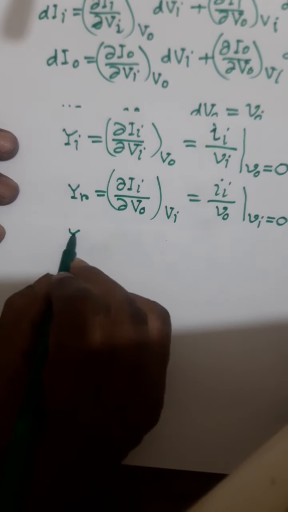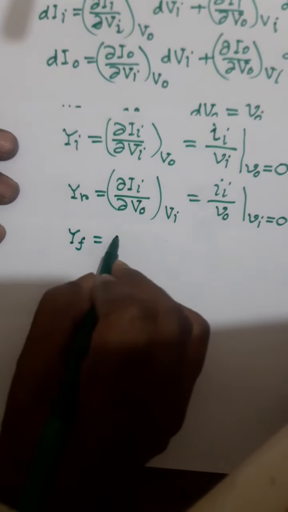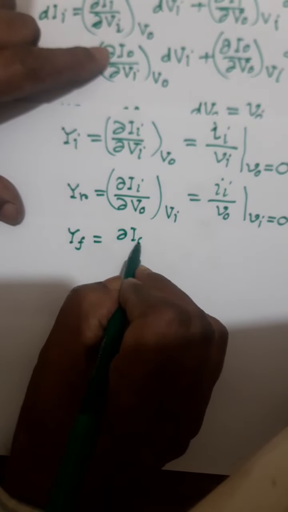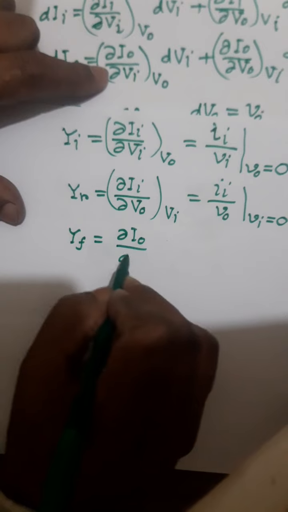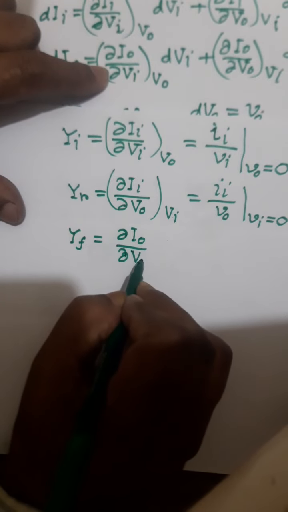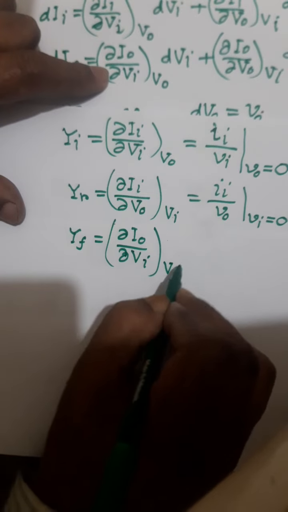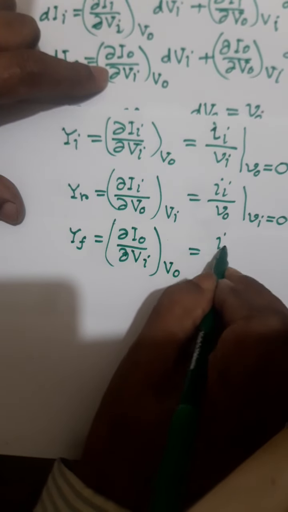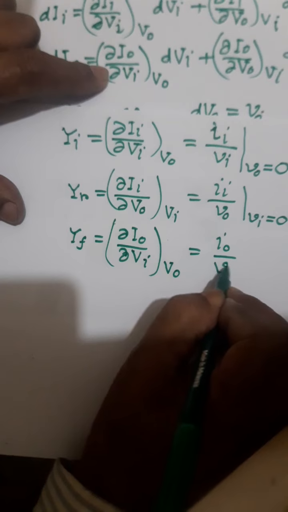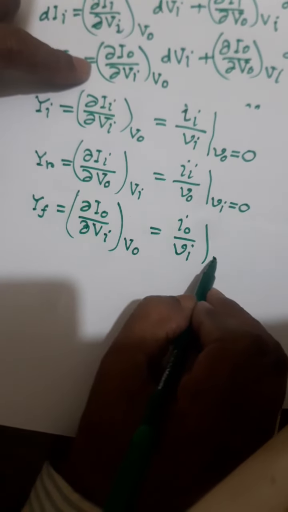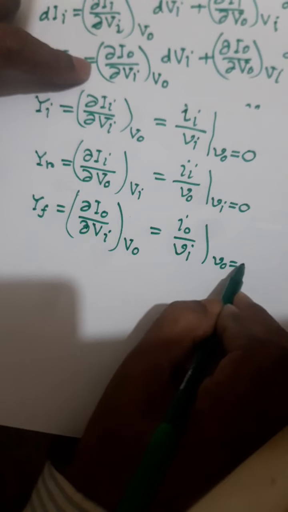Yf equals del Io by del Vi with Vo constant, that is Io by Vi with small vo equal to 0.